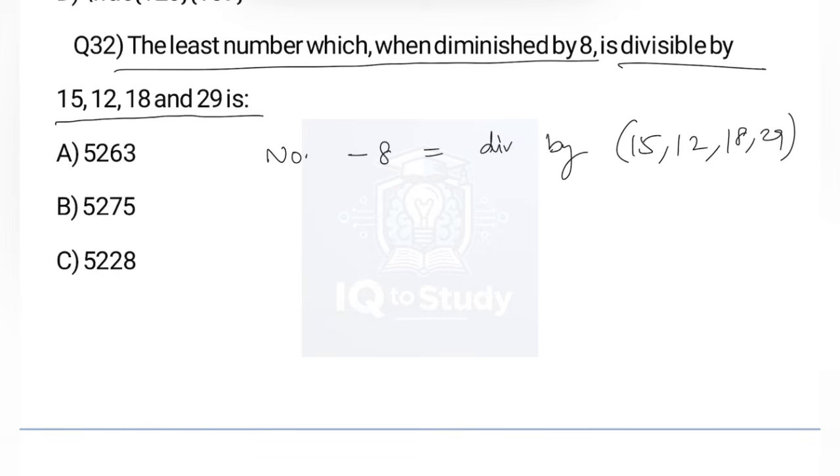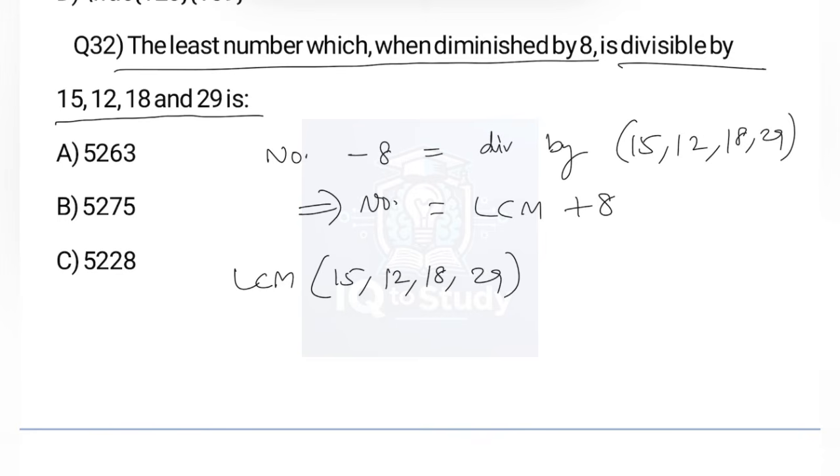It means the least number is equal to LCM plus 8. Let's find LCM. LCM of 15, 12, 18 and 29 is equal to 5220. Therefore, least number is equal to 5220 plus 8, which is 5228.